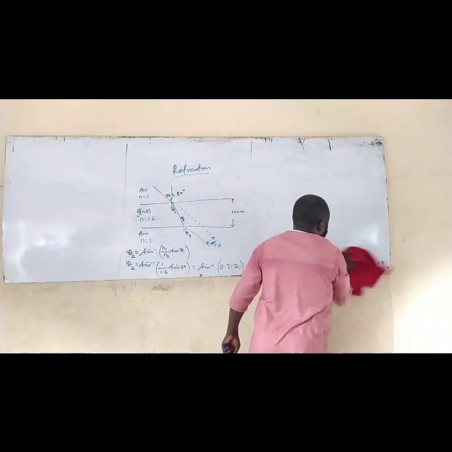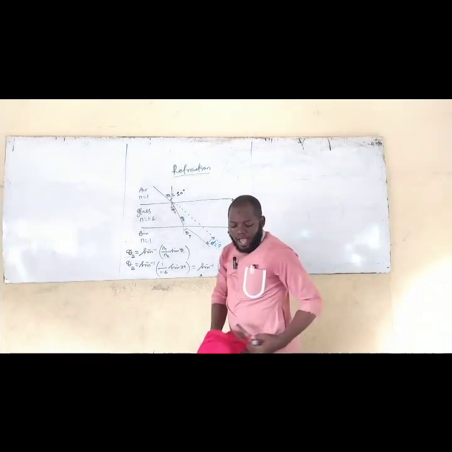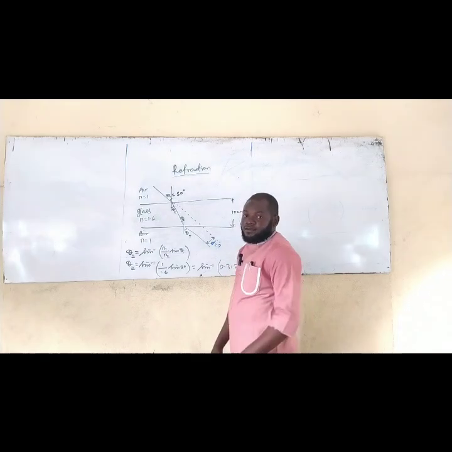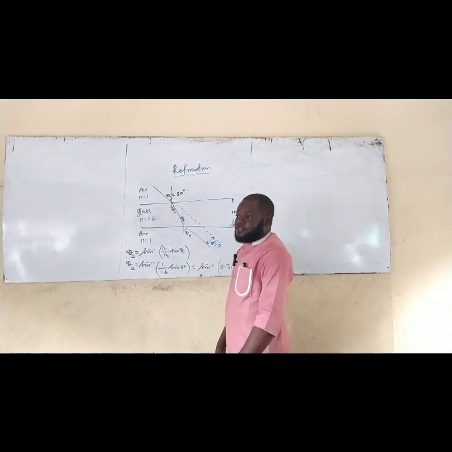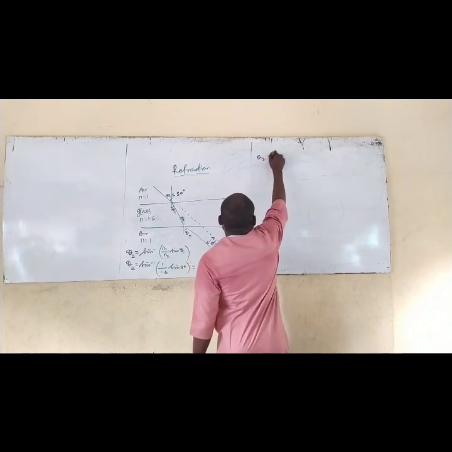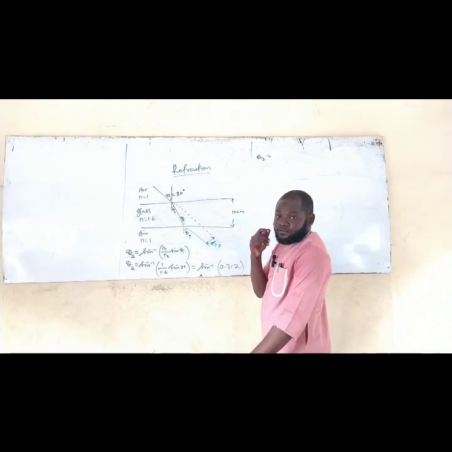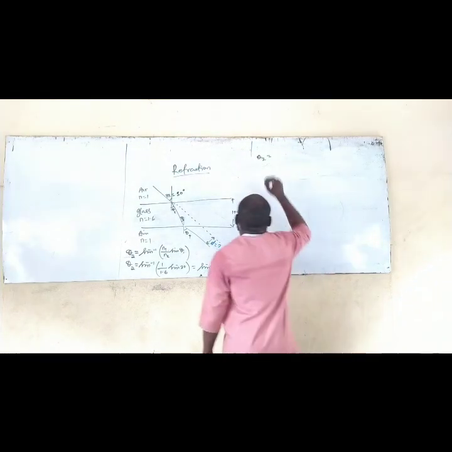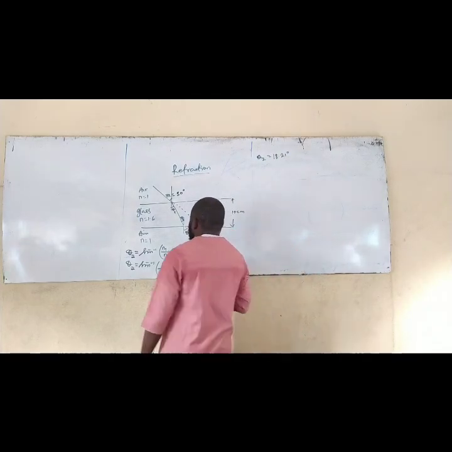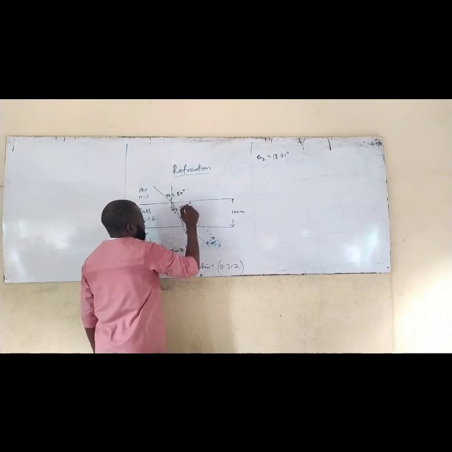I think I've explained this to you several times. It's not called sine inverse. Arc sine. Sine inverse is cosec. Do you understand that now? So theta 2 is 18.21 degrees. So that means this angle here is 18.2 degrees.